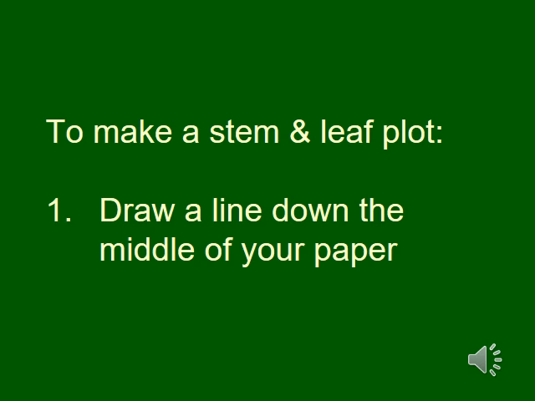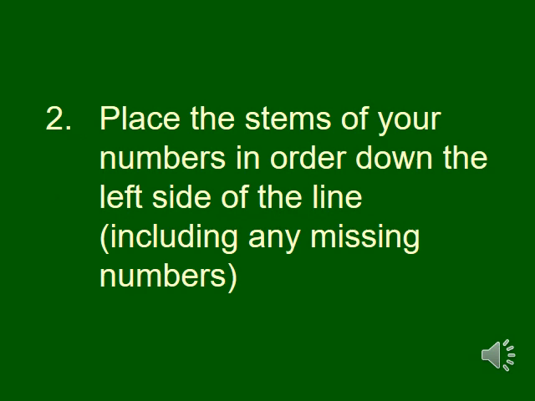So officially the first step of making a stem and leaf plot is you draw a line down the middle of your paper. For most people, that is the pink line on a piece of notebook paper. We're going to put the stems on one side of that line and the leaves on the other. On the left side of the line, you're going to put all of your stems in order from smallest to largest.